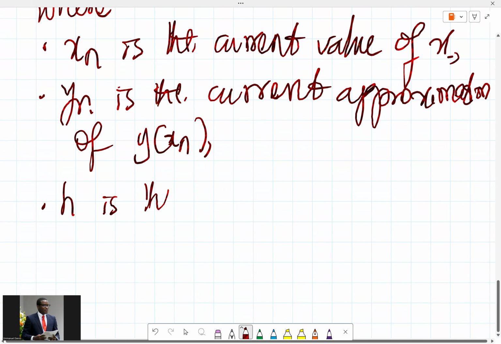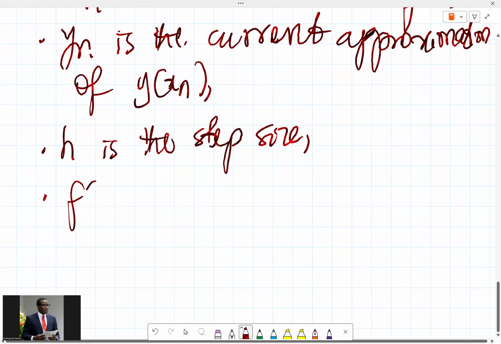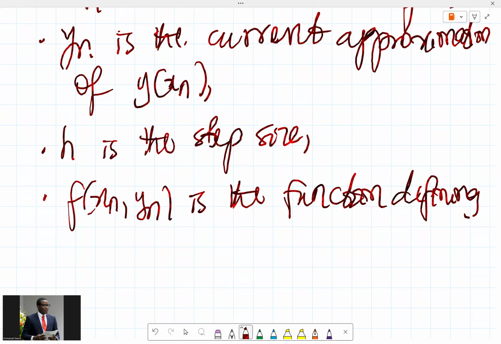That tells us how we should increment the values of x. Then we have f of x_n, y_n, which is the function defining the differential equation.